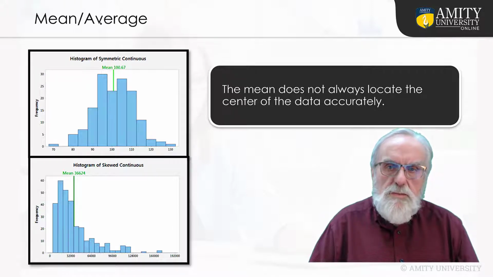This problem occurs because outliers have a substantial impact on the mean. Extreme values can extend the tail and pull the mean away from the center. As the distribution becomes more skewed, the mean is drawn further and further away from the center. Consequently, it's best to use the mean as a measure of central tendency when you have a symmetric distribution.